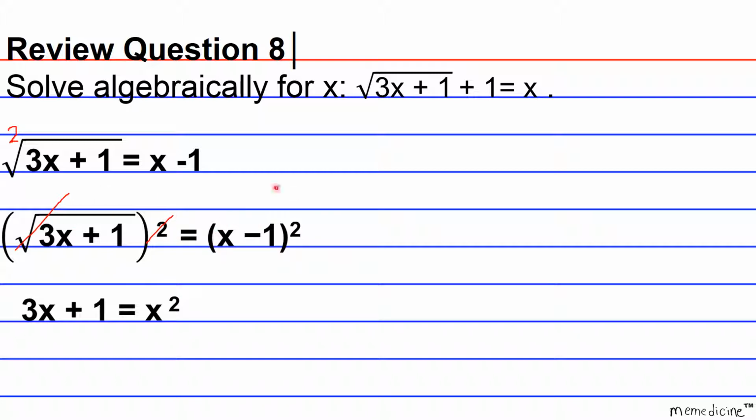On the left-hand side, we get 3x plus 1 because we got rid of the radical. And if we FOIL this term, if we are to basically multiply the first two terms, we're going to get x squared. And if we multiply the second, pretend there's another x minus 1 written here, like so. So what I'm doing right now is FOILing, okay?